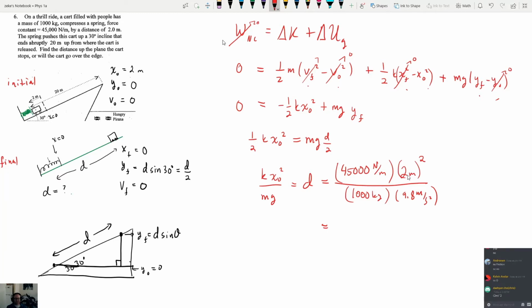It's going to be a little bit more than 18, something like 18.4. Oh, it is 18.4. That's a good guess. I was just guessing. I knew it was 18, just because you can look at the numbers. But all right. So the cart doesn't actually go over the edge. Anyway, any questions?